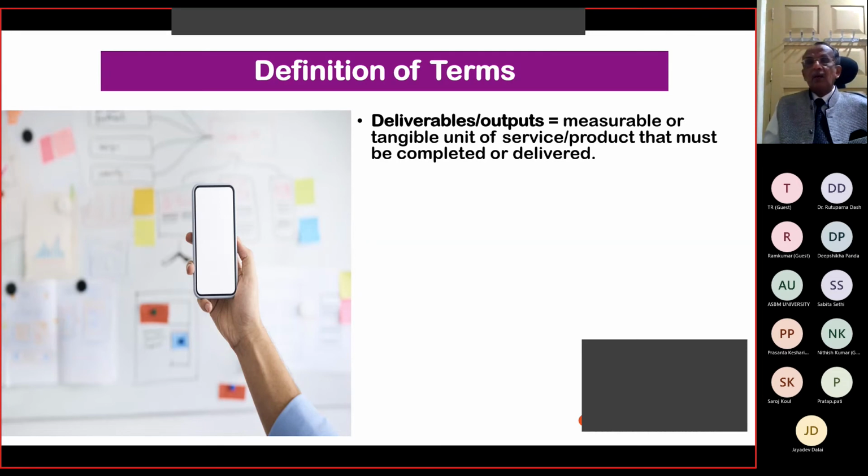For example, what is Gutty Intellect doing now as far as you are concerned? We are trying to provide training for you in contract administration, so there is a deliverable which is expected. We have to deliver certain corporate trainings.